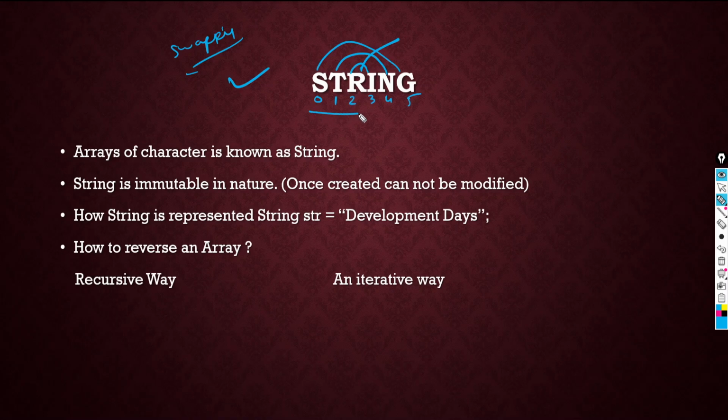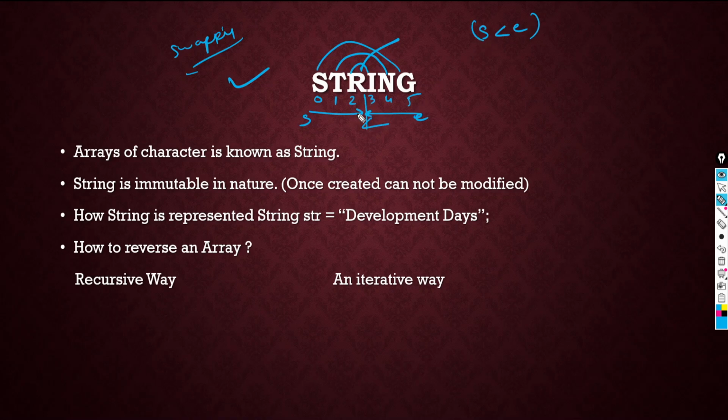Because once you are coming from this way and you are coming from this way, these two arrows should not cross each other. So how will we get to know that? We will get to know that if our start, let's suppose this is start and this is end, if our start is always less than end, then this means you are not crossing this location.